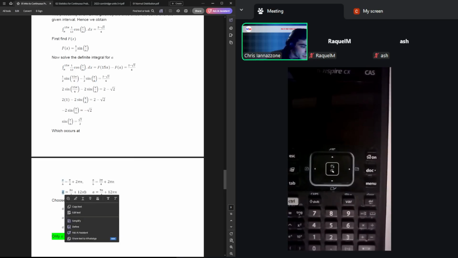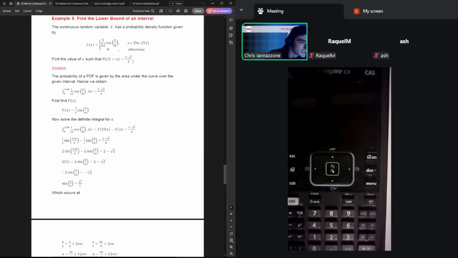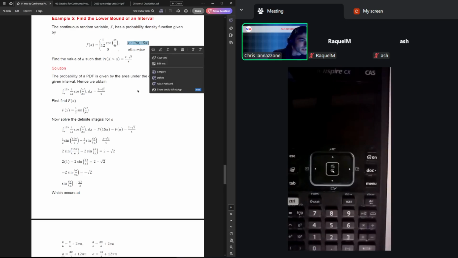Simplify everything down, making sure we get the a back on its own, and then essentially choose the value of n, the iteration that you go forward or backwards in, such that it'll actually fit within our domain. Because remember, a is a lower bound of a domain. It's got to fit within here somehow.